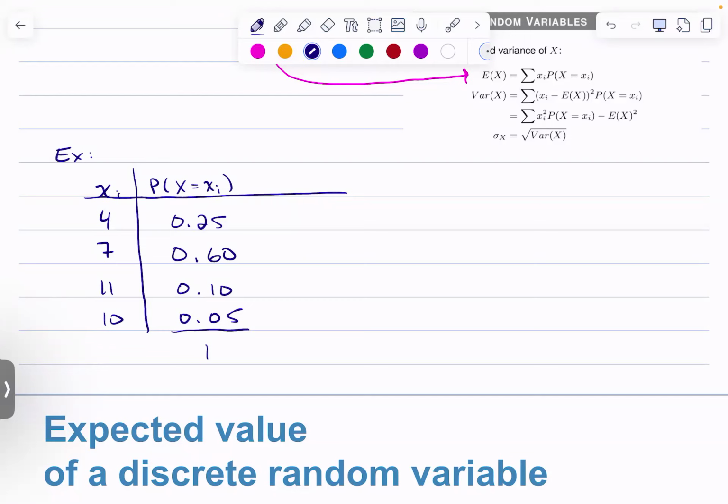Just double check, 0.25 plus 0.6 plus 0.1 plus 0.05 gets me to 1. And so that's good. So now I have this unequal distribution, or probability distribution.